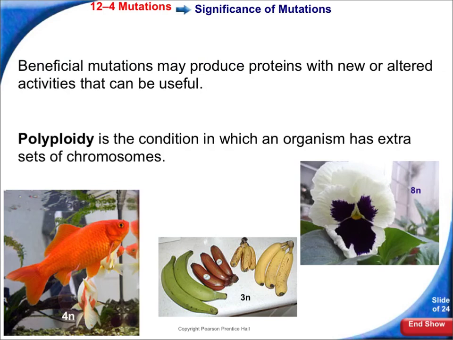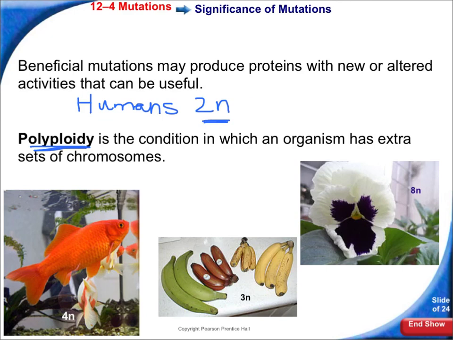The last thing that we need to talk about in section 12.4 is a condition called polyploidy. Polyploidy has to do with the number of chromosomes an organism has. Remember, humans have 2 sets of chromosomes, a 2n number.